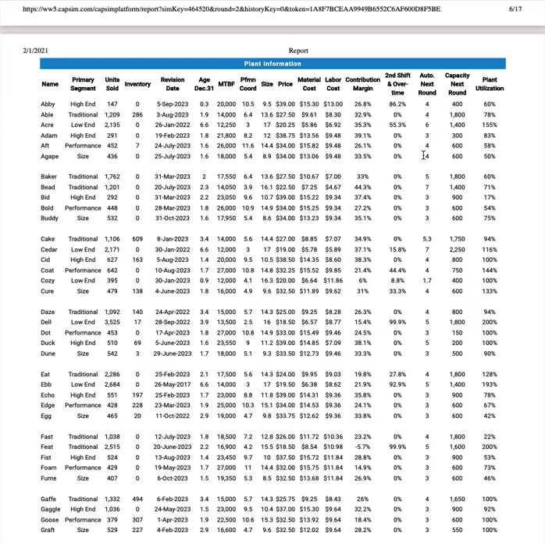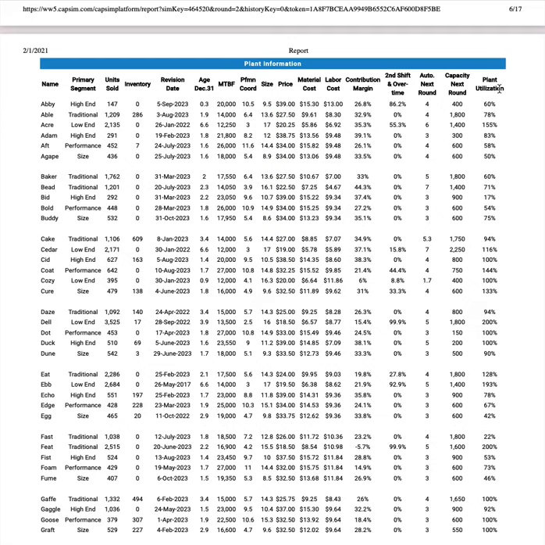Usually, products like traditional or low end need higher automation than high end, size, or performance because you need to sell a lot of product. You need higher automation to make this much product to meet the market demand, right?